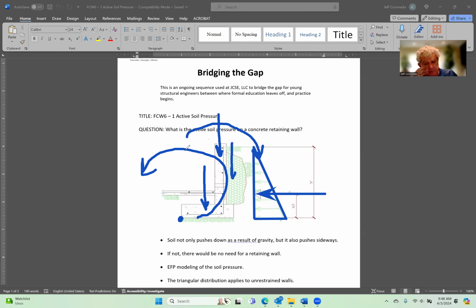Building codes specify by how much that needs to exceed. We're not going to get into that in this session. The overturning check, I think, we will cover in a subsequent section of the FCW6 series. Okay, I think with that we've covered this, so let's move on.